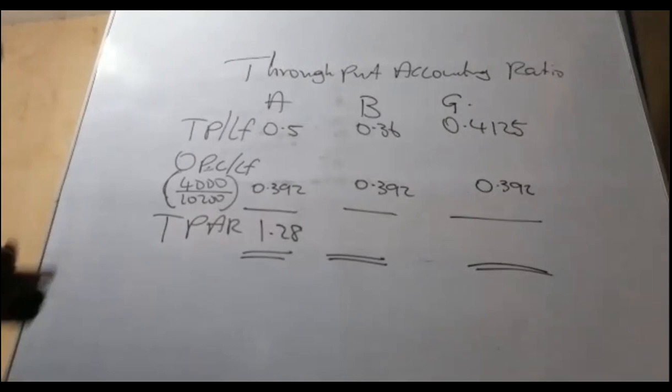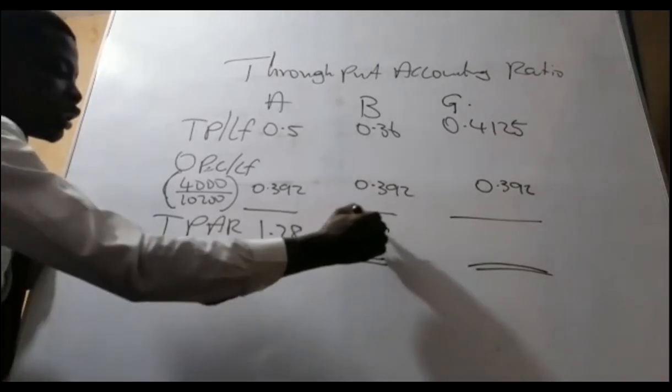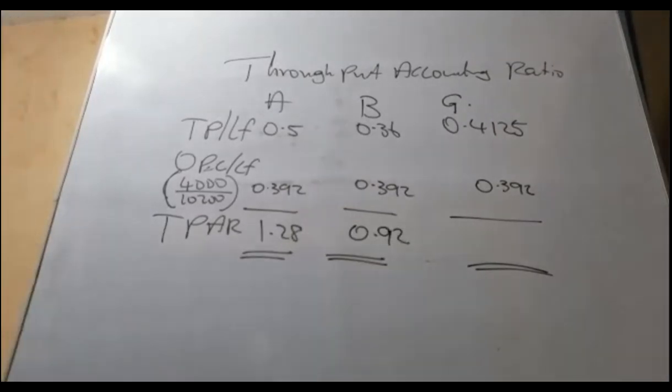Then move on to the next one: 0.36 divided by 0.392, and that'll give us 0.92. Then the third one will be 0.4125 divided by 0.392, and that'll give us 1.05. That is it. Great.